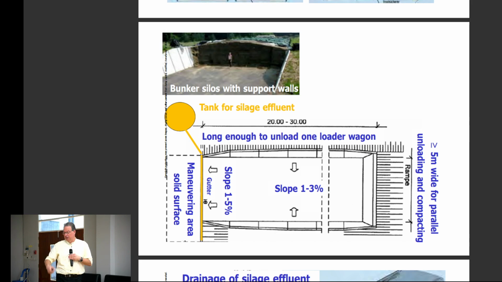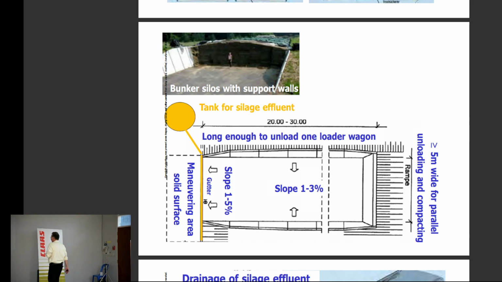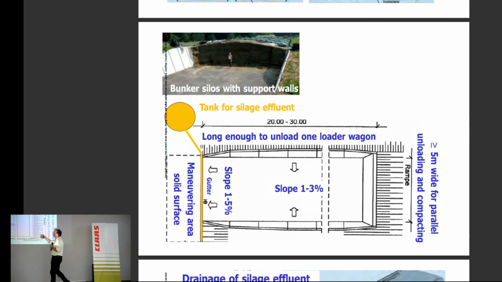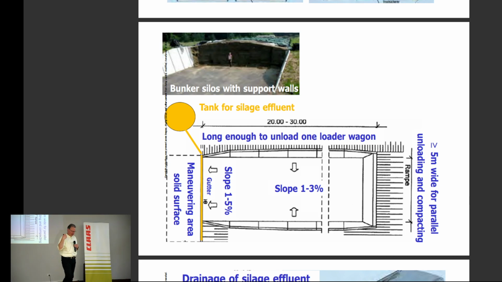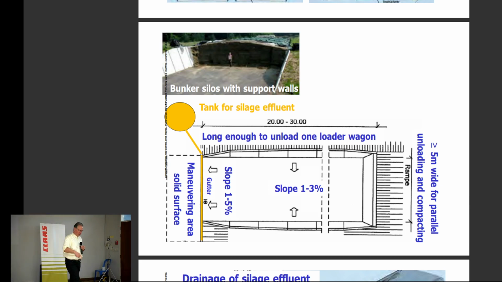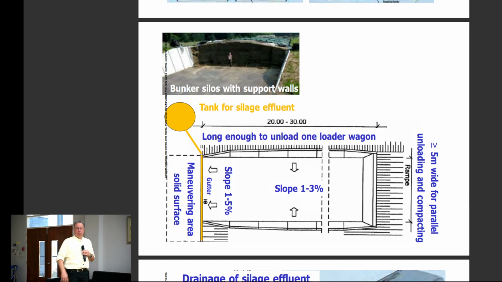So that makes sense. And of course, you should have a slope inside and a gutter at the end, because you always have a little bit of silage effluent, so fluid material from the silo. And of course, it shouldn't stay inside the silo, and there should be a separate tank to store it.